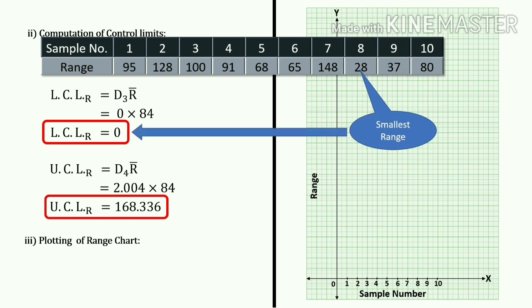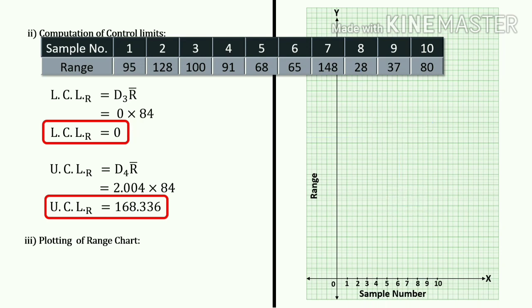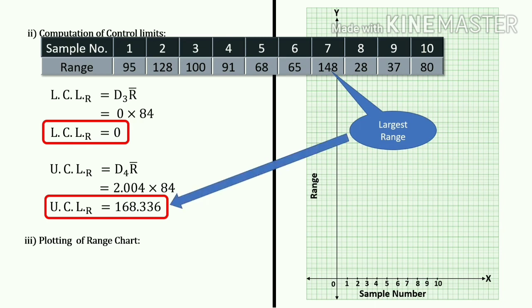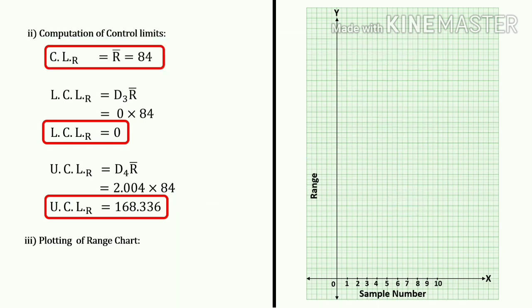So the smallest among these two is 0, obviously, and the largest value of range is 148 and upper control limit is 168.336. So largest among these two is 168.336. So we have to consider 0 and 168 on y-axis. Accordingly, we have to show these values on y-axis.